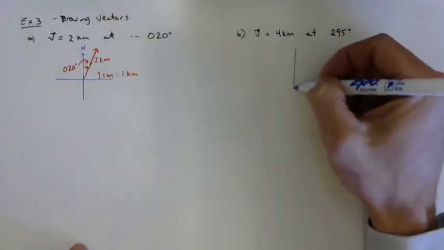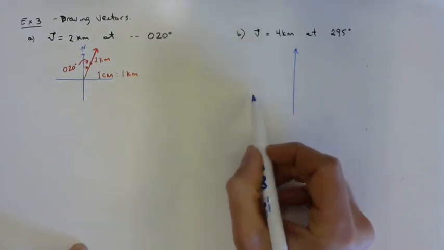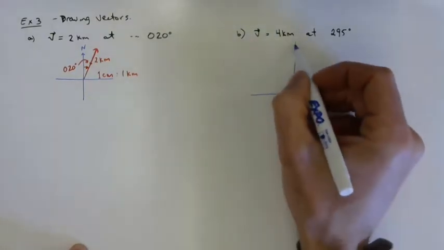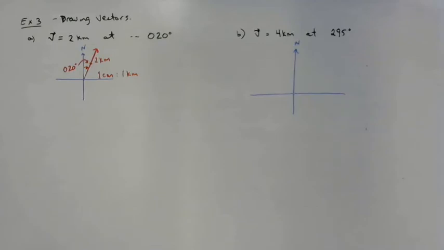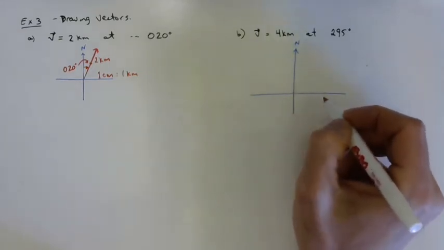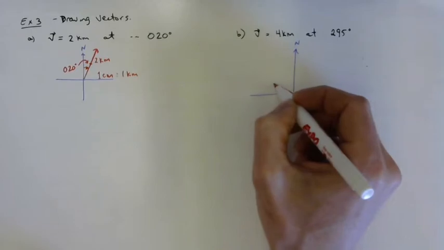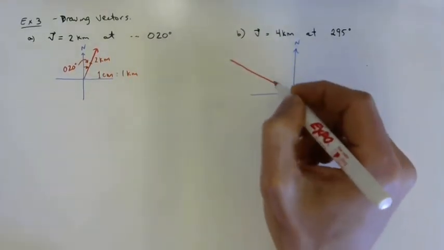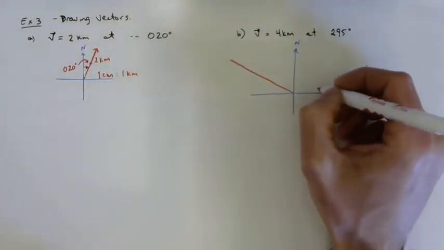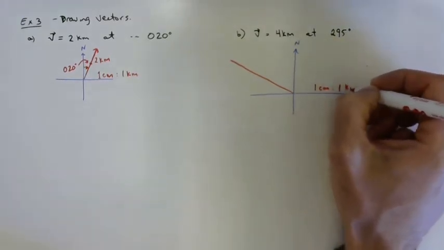So again, we're looking at a true bearing diagram. We've got north at the top, and from north, we're heading clockwise at an angle of 295 degrees. So I go 90, 180, 270, and 25 more. It's going to maybe look something like this. And I'm going to use the same scale, 1 centimeter is 1 kilometer.